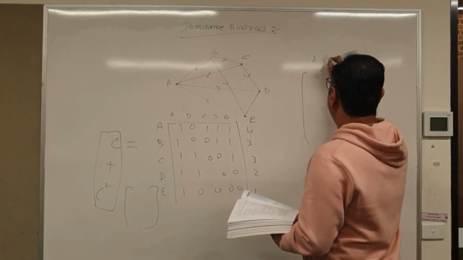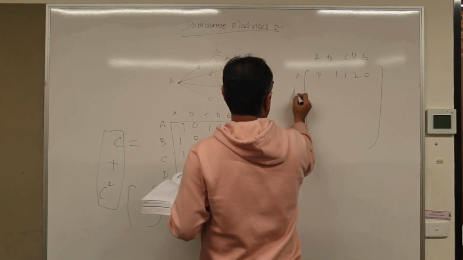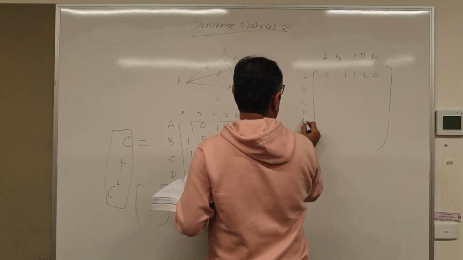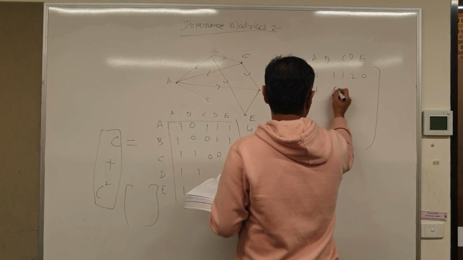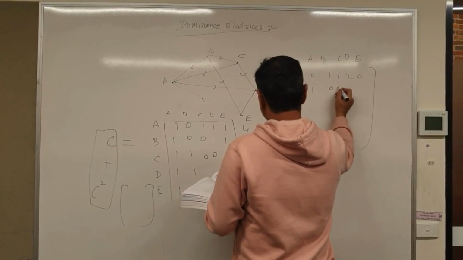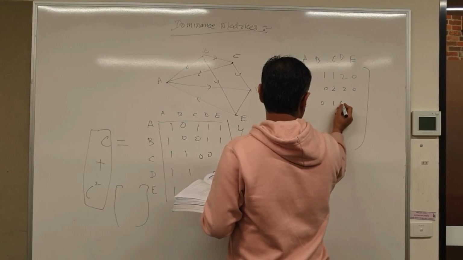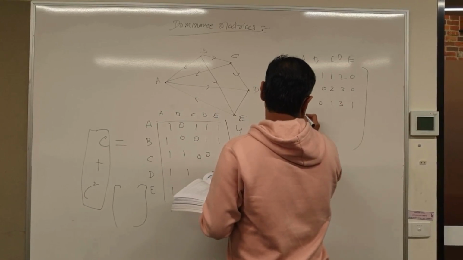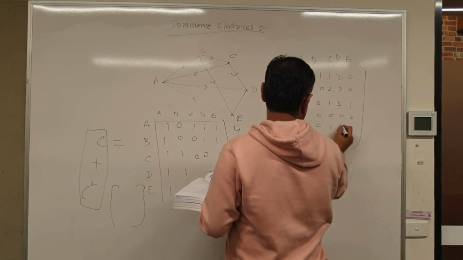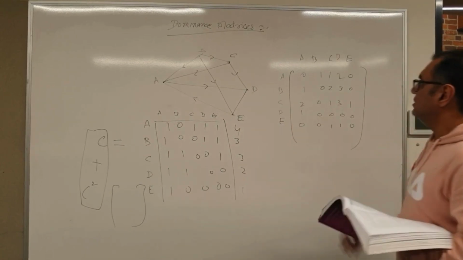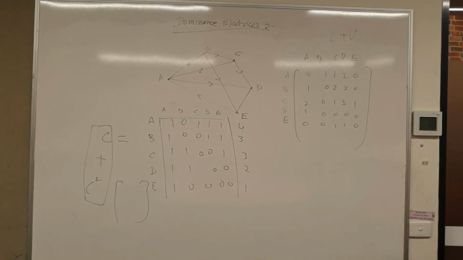So let's say this is A, B, C, D, E, and I'm just putting some numbers. So it could be 1, 0, 2, 3, 0. 2, 0, 1, 3, 1, maybe 1, 0, 0, 0, 0, and let's say 0, 0, 1, 1, 0. Now, this is what you've got as C plus C squared.